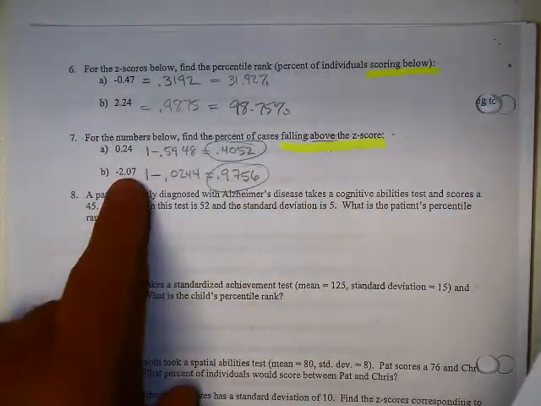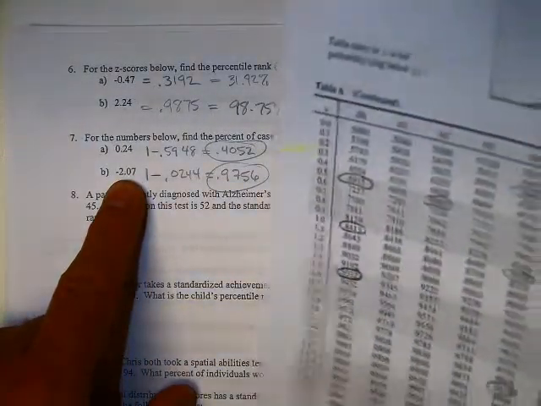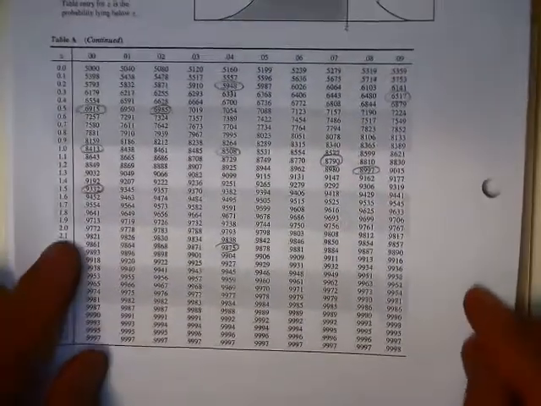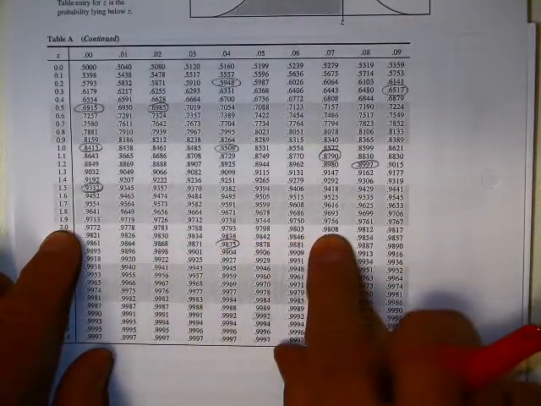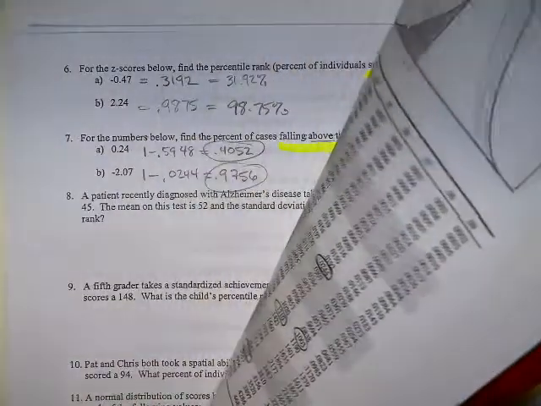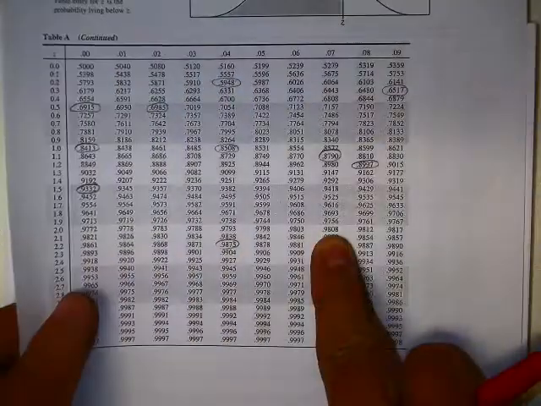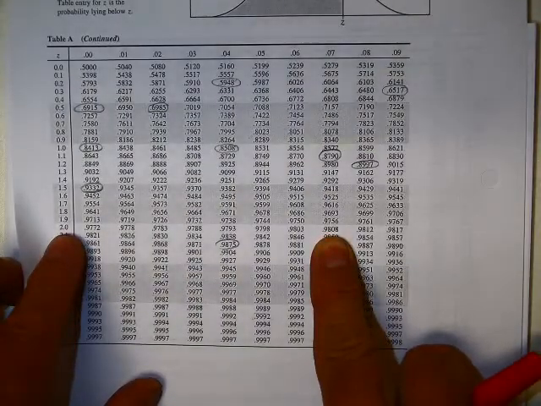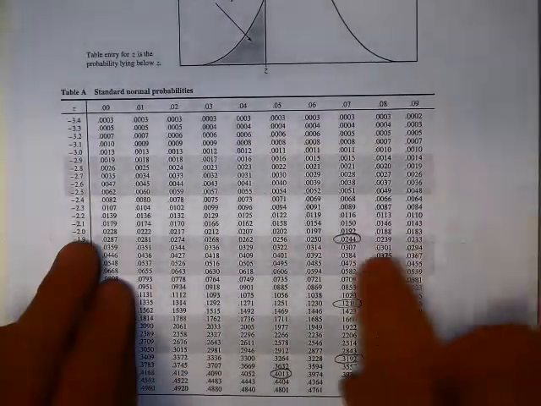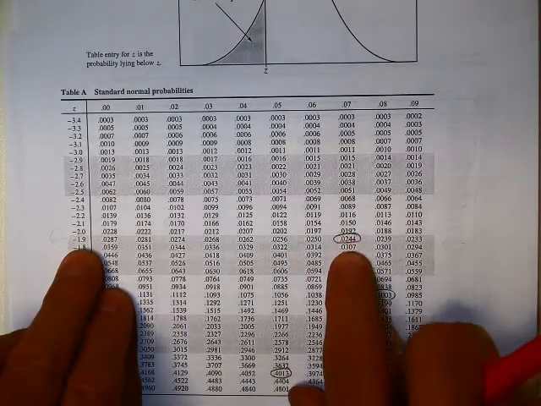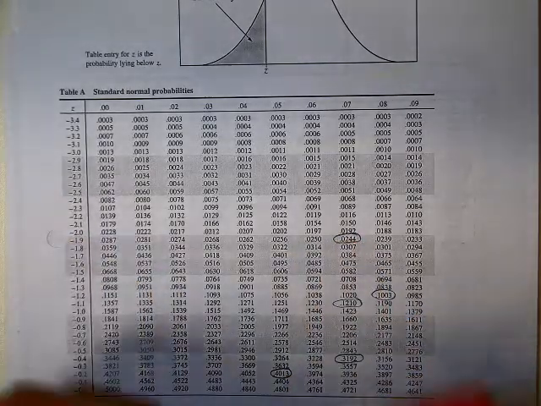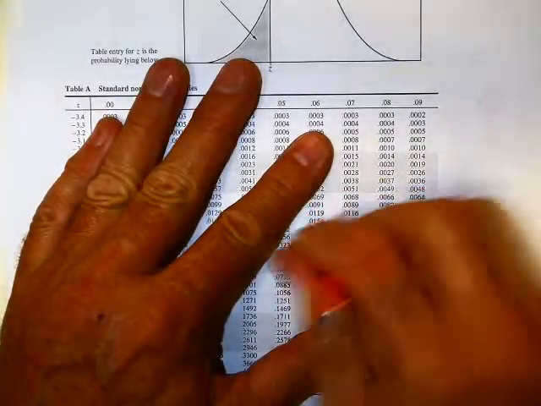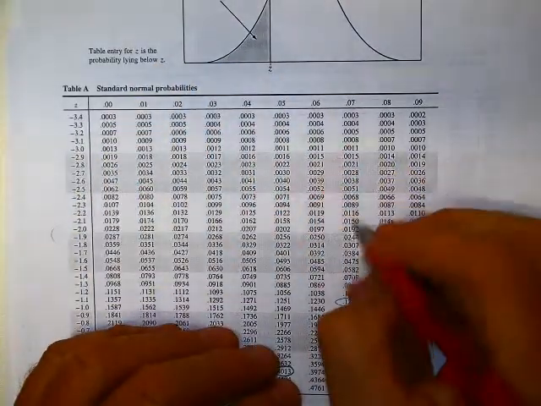Or I can check that by changing the sign and going to 2.07. What did I say, 0.9808? Did I look that up right? I might have made a mistake. Yeah, I made a mistake on the last one. I dropped down one number accidentally.